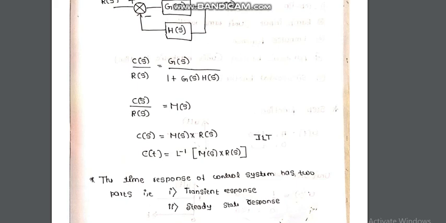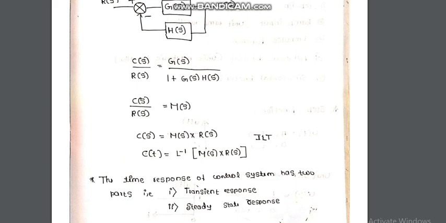By using the first module and second module, we have calculated the transfer function of any system, but in S domain, that is C of S. If you apply the inverse Laplace transformation to C of S, we will get C of t, and that is the time domain response of control system.